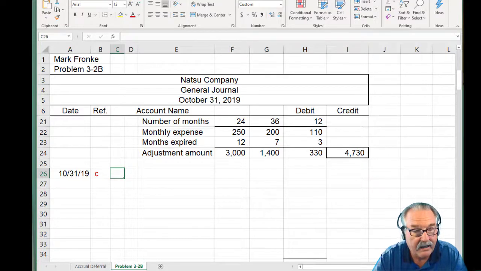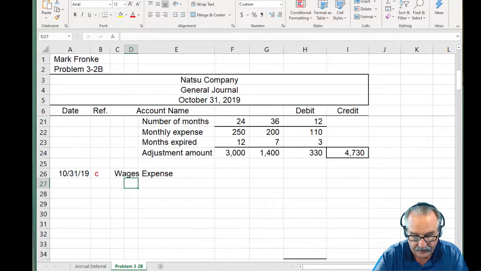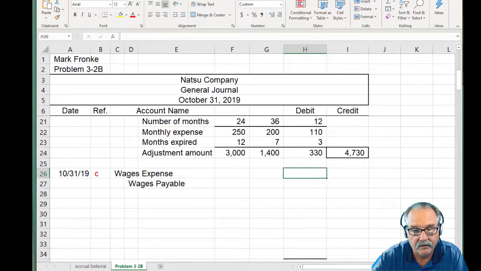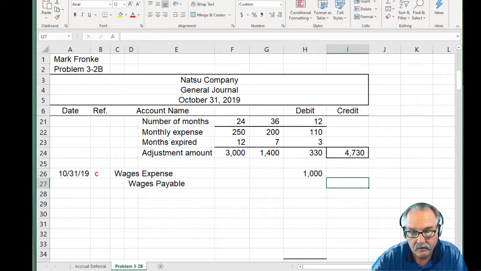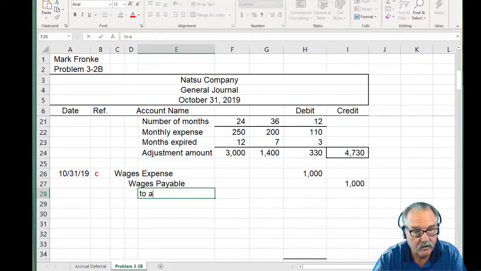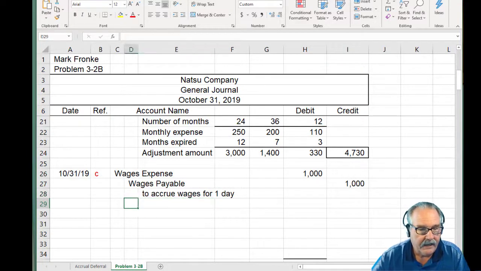So we're going to debit wages expense and credit wages payable, $1,000. And this is to accrue wages for 1 day or something like that.